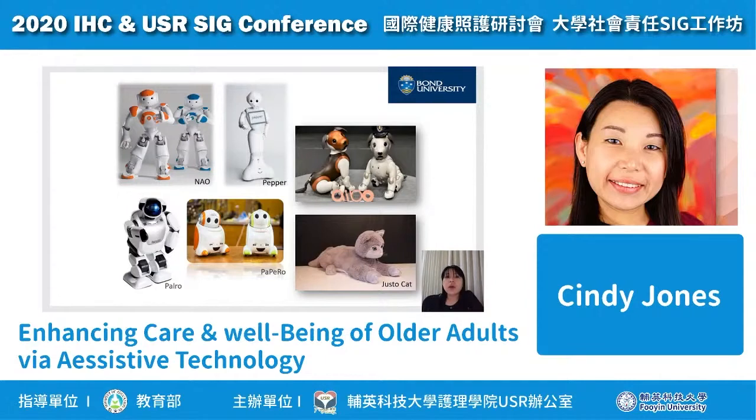Then we also have the next type of robot, which is Pepper. Now, Pepper is the world's first social humanoid robot able to recognize faces and basic human emotion. Pepper was optimized for human interaction and is able to engage people through conversation and the touch screen on its chest.